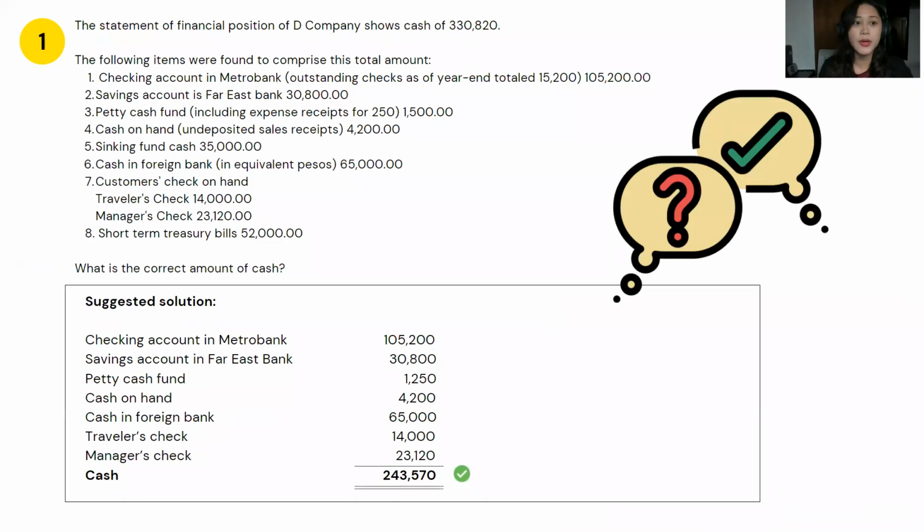So, yung problem number 1 natin, yung the statement of financial position of the company shows cash of 330,820. What is the correct amount of cash?